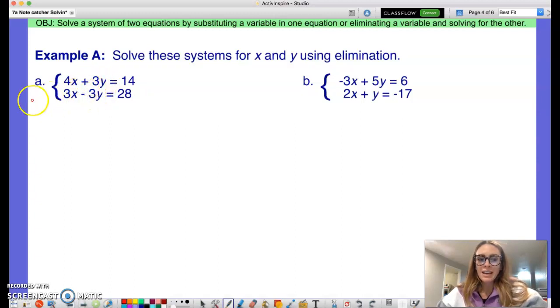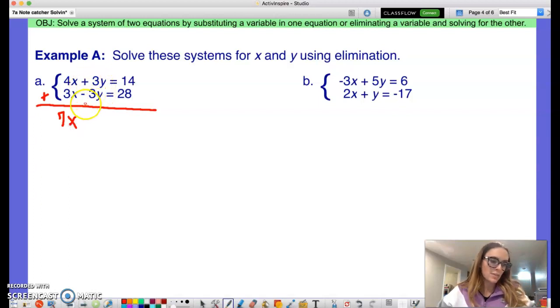That means if I were to add these two equations together, like a big addition problem, these guys would be eliminated. So the y's would go away. Okay, so that's what we're going to do. We have 4x plus 3x gives us 7x, plus 3y minus 3y gives us nothing. They become eliminated. So really plus 0, if you wanted to. And then 14 plus 28 gives us our 42.